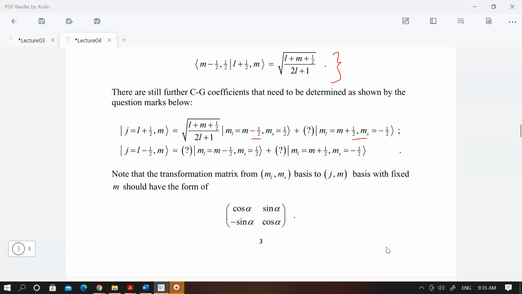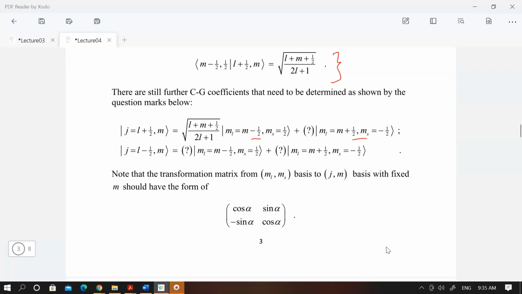Okay, but what coefficient should you have over here? In fact this also is undetermined. I should also mention that. Oh sorry, this is not the Clebsch-Gordan coefficient.